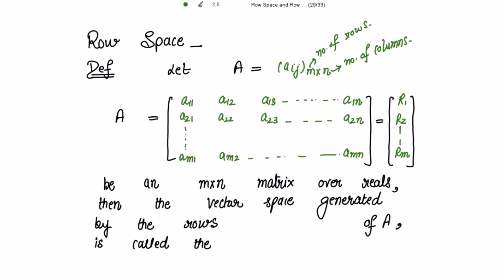So if A is your m by n matrix over reals, then, this is very important, the vector space generated by the rows R1, R2 up to Rm of this matrix A is called the row space of A, right?